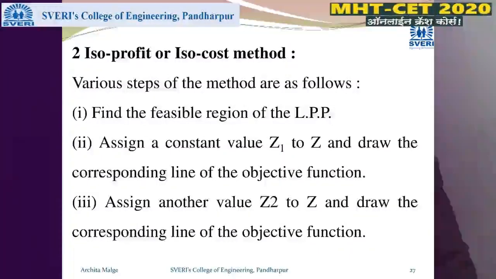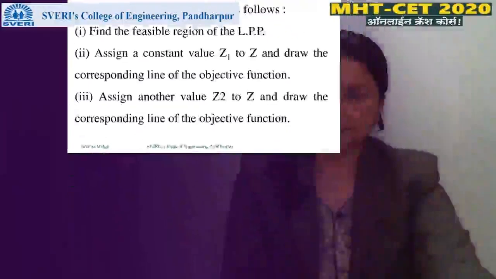Now the isoprofit or isocost method. Various steps of the method are as follows. First, find the feasible region of the LPP. Assign a constant value z1 to z and draw the corresponding line of the objective function. Next, assign another value z2 to z and draw the corresponding line of the objective function.